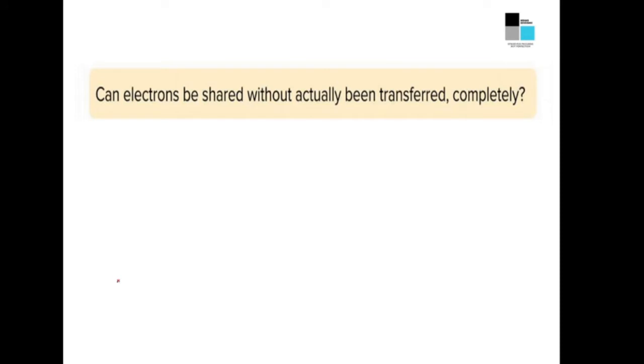And if you haven't, we will come up with that chapter very soon. In that chapter, there is a kind of bonding called ionic bonding, by which ionic compounds are formed.